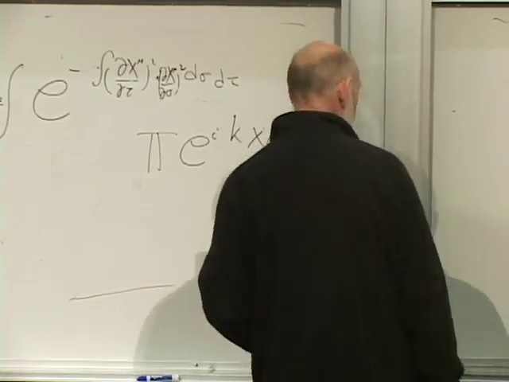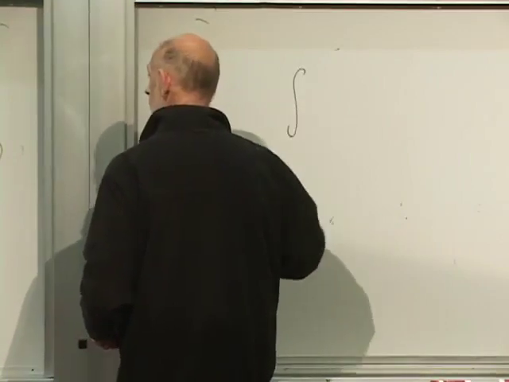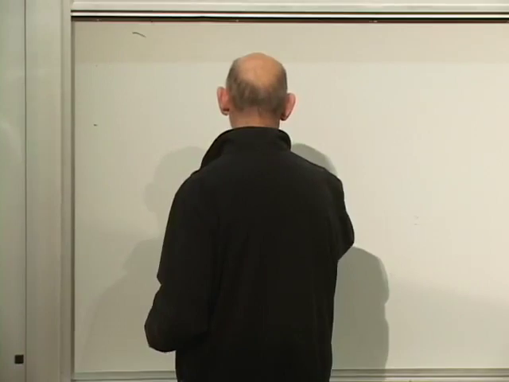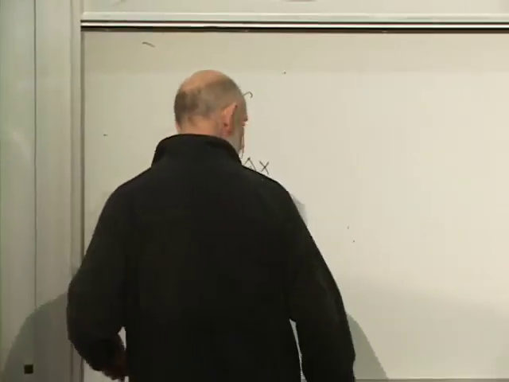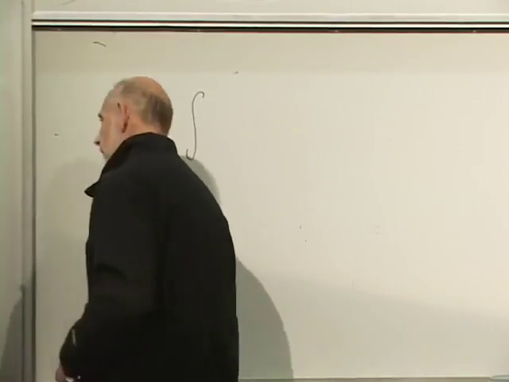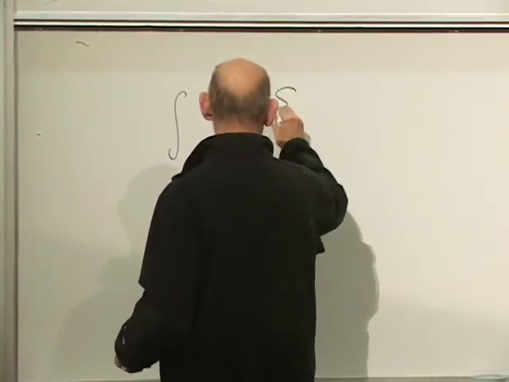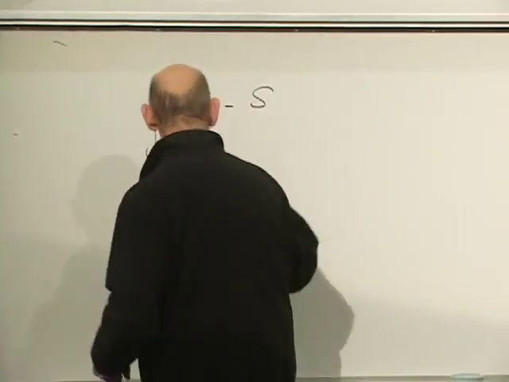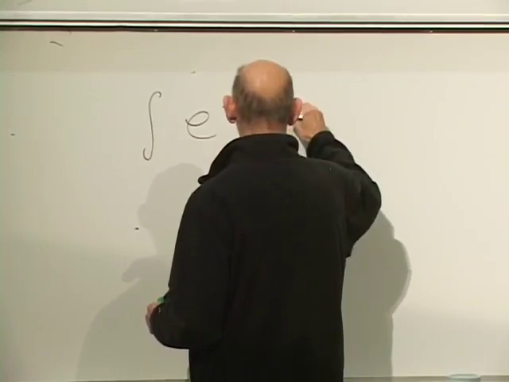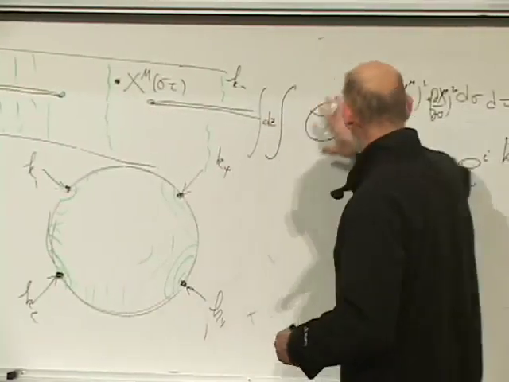No, we could write it out. Let's write it out more clearly. Integral over all possible, well, let's see, path integral. Let's just call it path integral. Let's not put any d's there. E to the minus the action. This is the action for a particular configuration, and here it is.